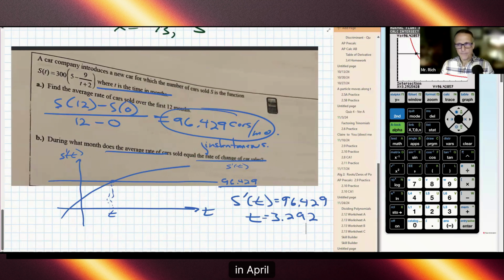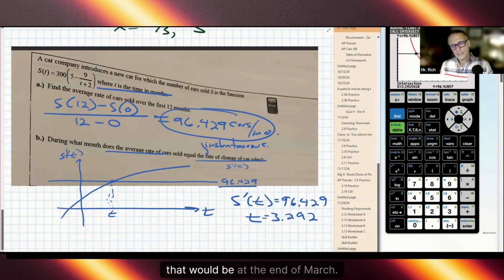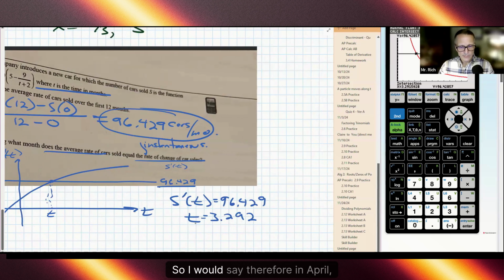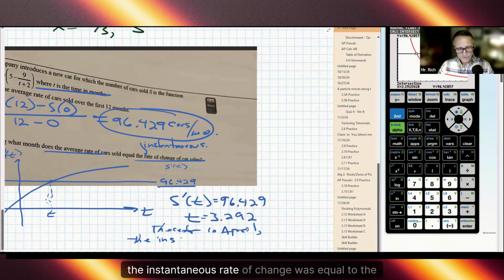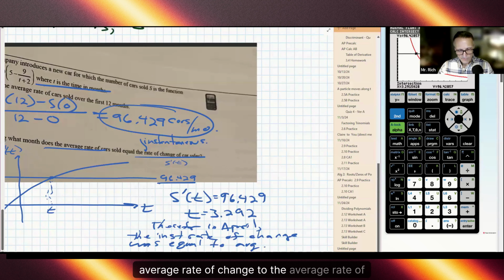No, excuse me, in April, because month 3 would be at the end of March. So this would have to be a little bit beyond March. So I would say, therefore, in April, since it asked what month, the instantaneous rate of change was equal to the average rate of change.